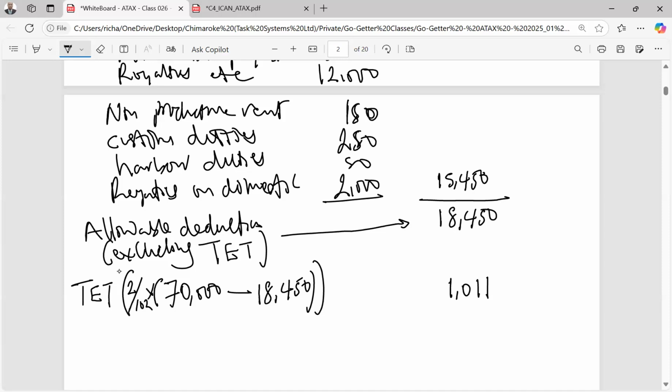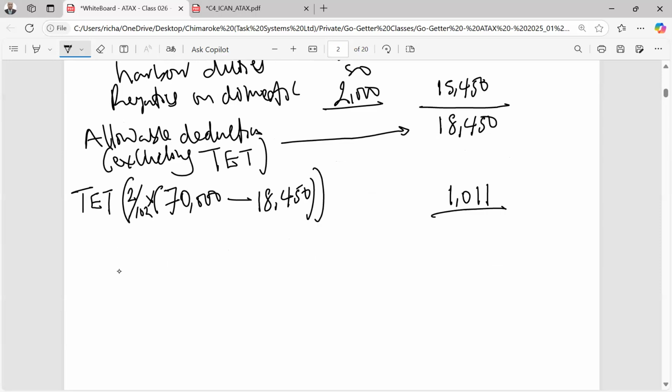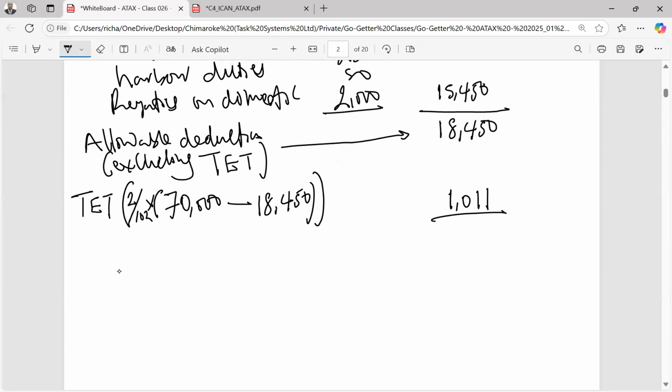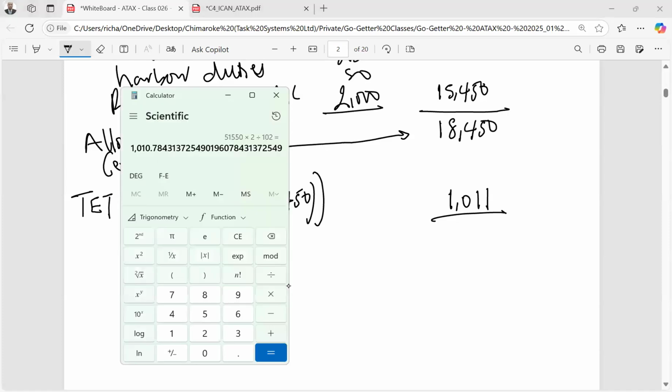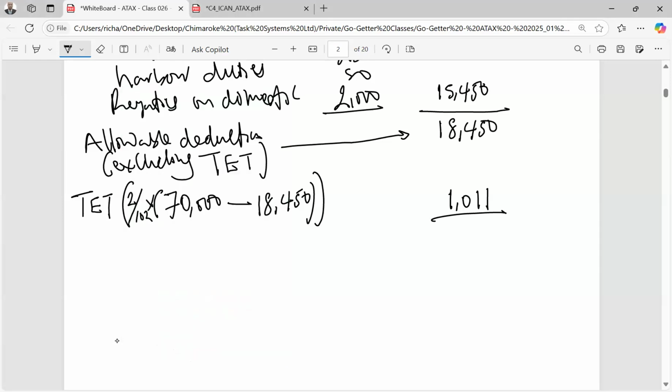When you do that, you add these two together: 18,450 plus 1,011 becomes 19,461.